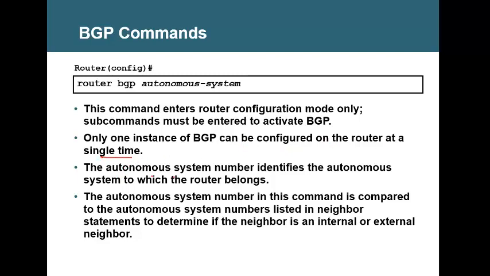Next, the autonomous system number identifies the autonomous system to which the router belongs. I already said, if I say router BGP 10, it means this router belongs to autonomous system 10. The autonomous system number in this command is compared.